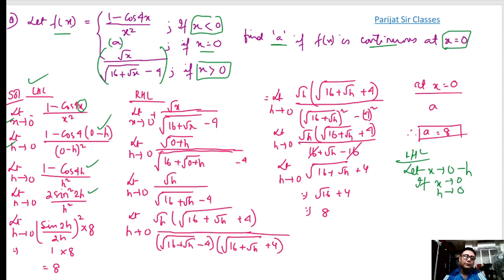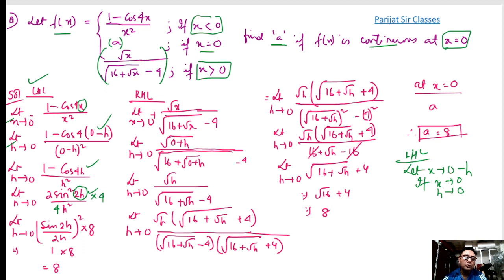1 minus cos 4h is 2 sine square 2h. Please note these. So here the angle with the sine is 2h. So here I have to write a 4 and adjust with a 4.